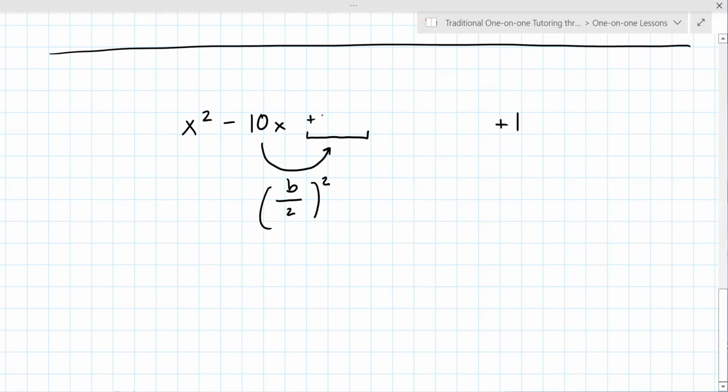It's 25, right? Now, the problem is you already have 1. So you don't have to add 25 because you already had 1. If you already have 1 and you want to get to 25, what should you add? 24. 24, yeah.